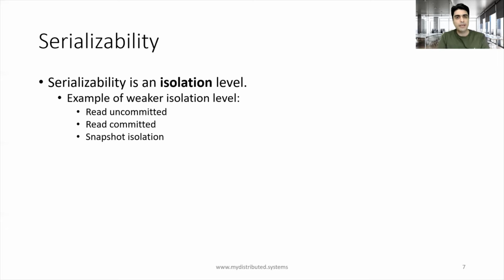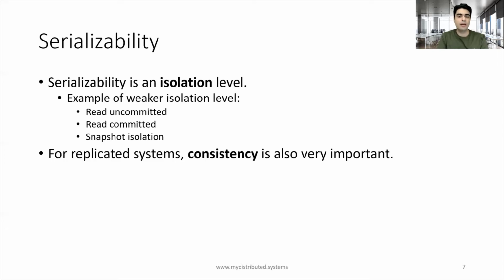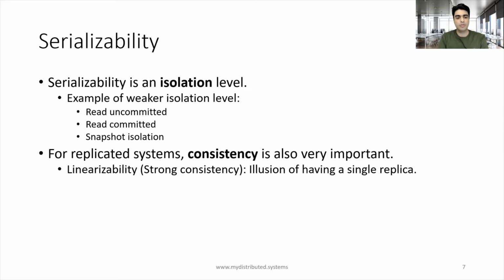For replicated data stores, in addition to isolation, we have another dimension, which is the consistency between replicas, and this is very important. At the highest level of consistency, we want linearizability, which is also known as strong consistency, that provides an illusion of having a single replica.